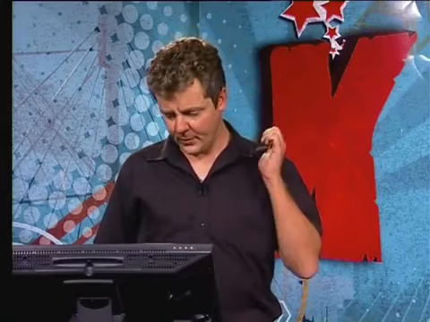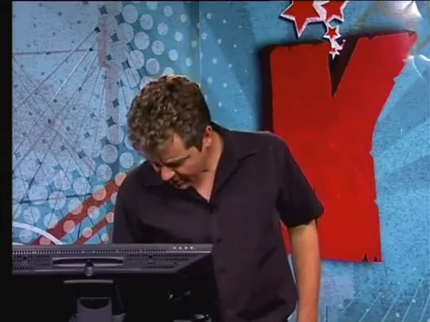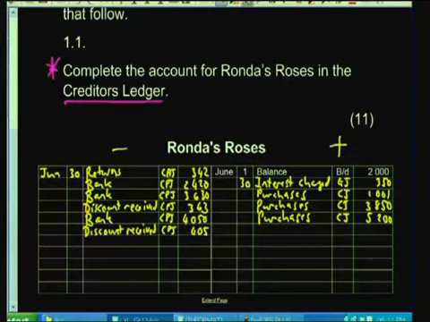So in other words, every single time we pay a check, we are going to get a 10% discount on that check. So if you look at the general ledger of Rhonda's Roses, you will see here that there are 3 payments that we've made, 3 bank entries. But guess what? There are only 2 discounts received.